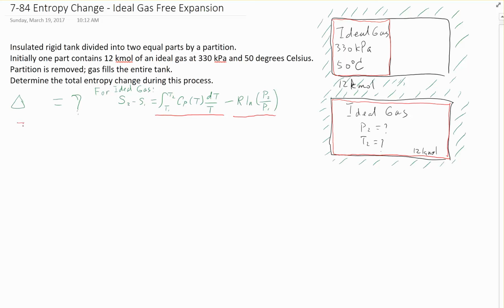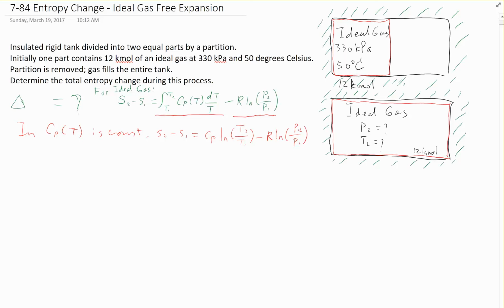If we assume C sub P is constant, then we can simplify this equation: S2 minus S1 becomes C sub P, a constant, integrated over dT over T, which gives the natural log of T sub 2 over T sub 1, minus R times the natural log of P sub 2 over P sub 1.